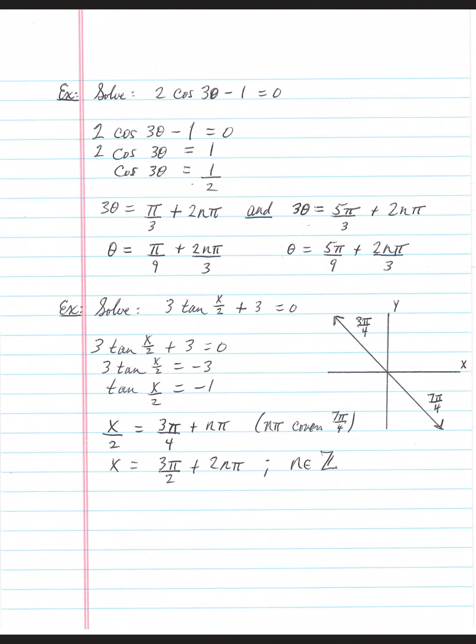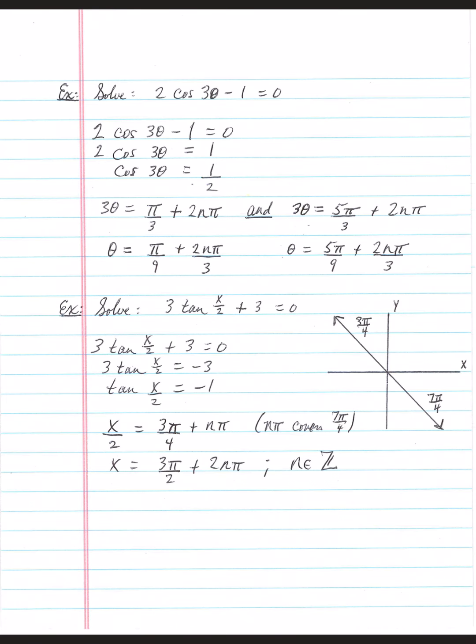So we're going to take x over 2 and set it equal to 3 pi over 4. We don't have to do 7 pi over 4 per se, because the period of tangent is pi, which means if you go counterclockwise pi or clockwise pi, you're going to take this angle and always land at that other angle as well.